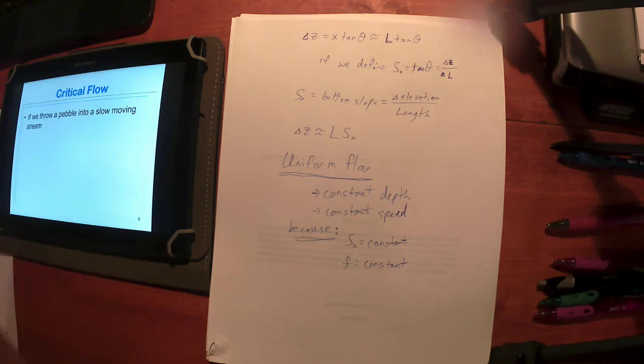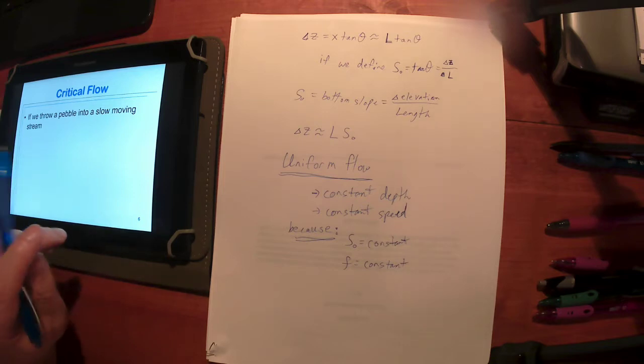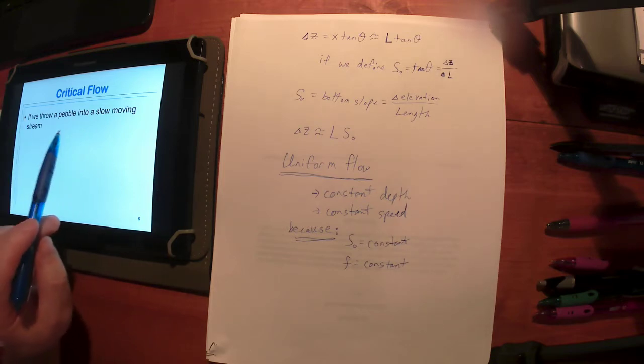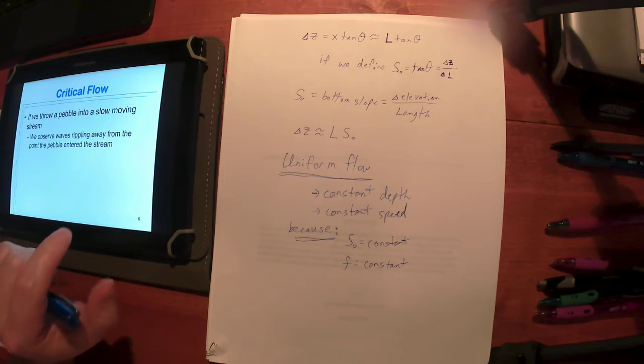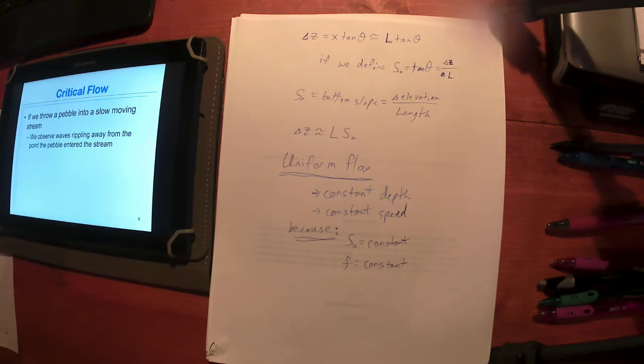Okay, quickly here we can talk about critical and subcritical flow. If I throw a pebble into a stream, think about taking a rock and throwing it in a lake or a river or a stream, some body of water. You take a rock or a stone or some object, or you just want to unplug, throw your cell phone out there, whatever, throw some object out in the middle of a body of water.